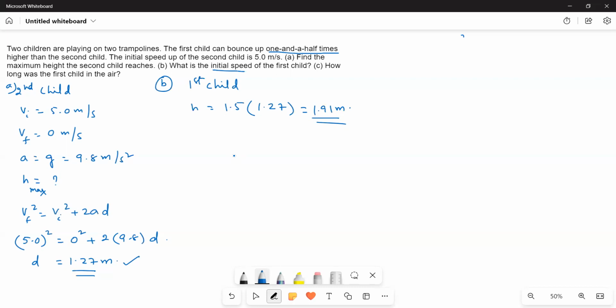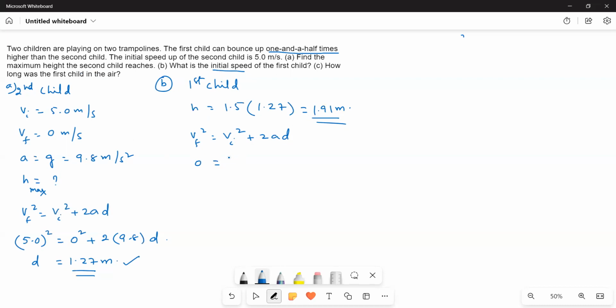We have to find out the initial speed. We use the same formula to find the initial speed. So here again, Vf square is equal to Vi square plus 2Ad. And the final speed is equal to 0.